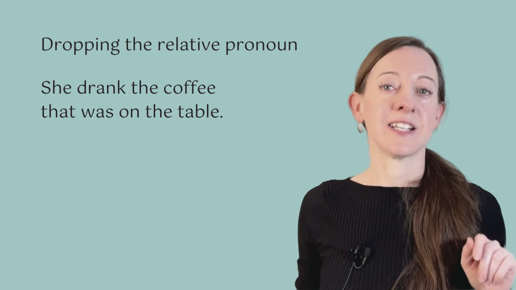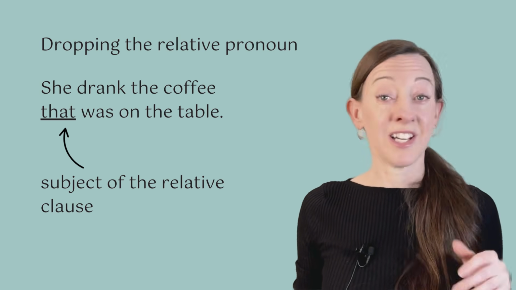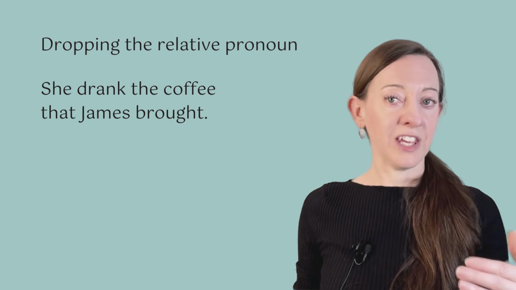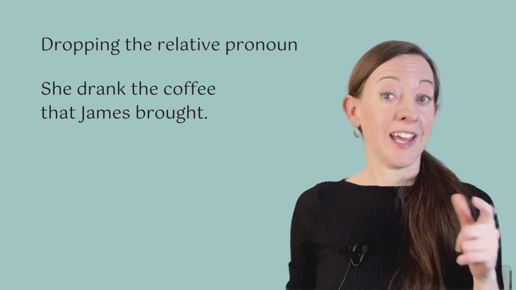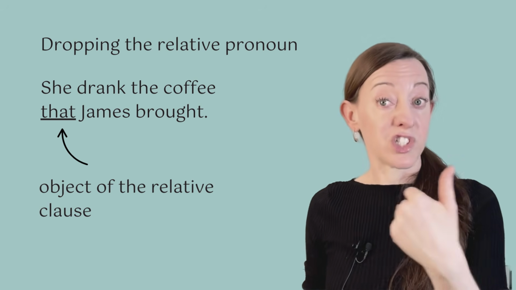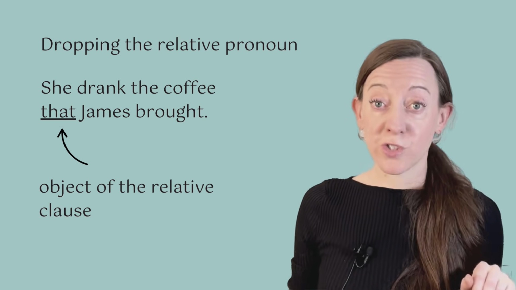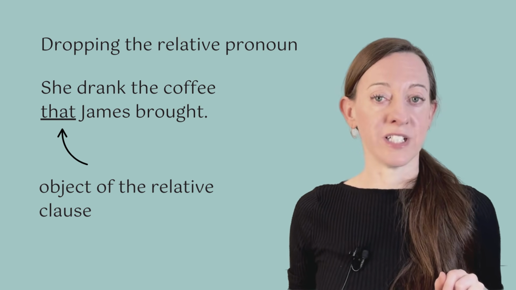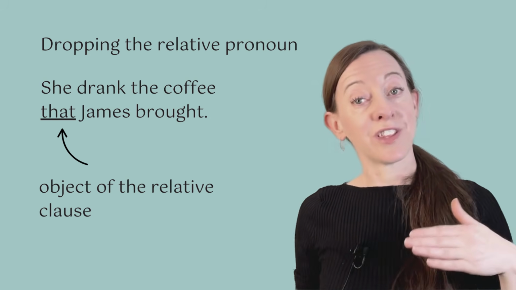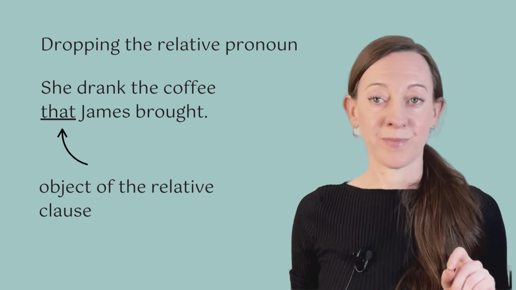Here, that is the subject of the relative clause, so we can't drop it. She drank the coffee that James brought. Here, that is the object of the relative clause. The subject is James, so we can choose to drop that if we want. The meaning is exactly the same with or without that.